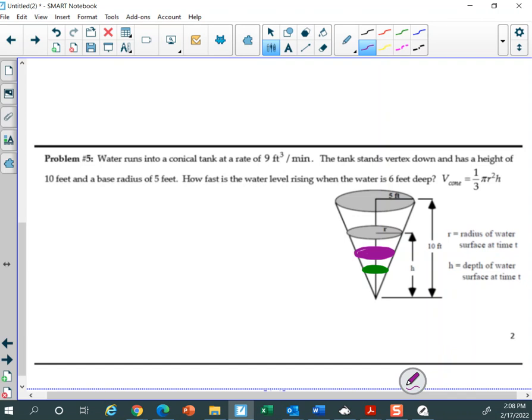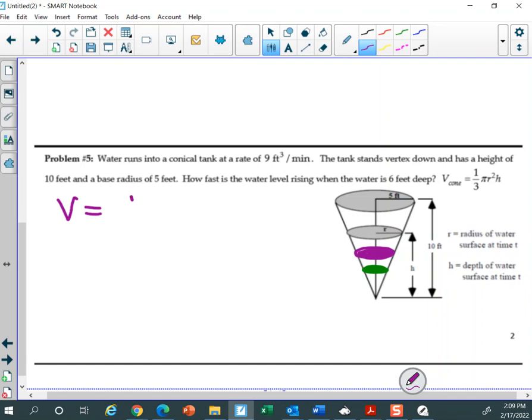So when I put water in this cone, two things are changing. The height that I'm going to use to measure the volume of the water, and the radius. Bigger circles, taller cones, two things changing.